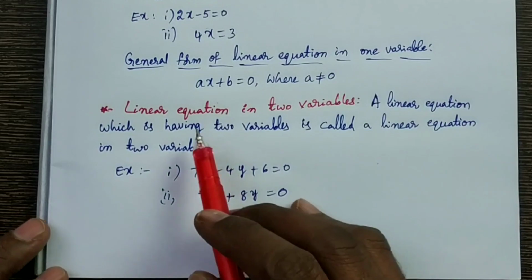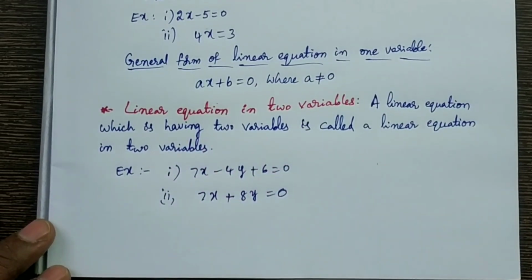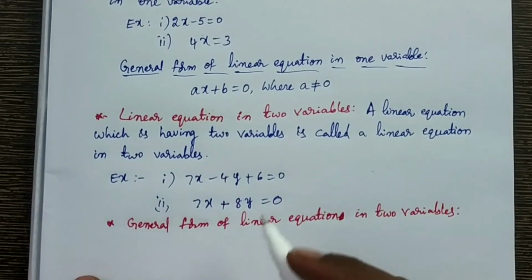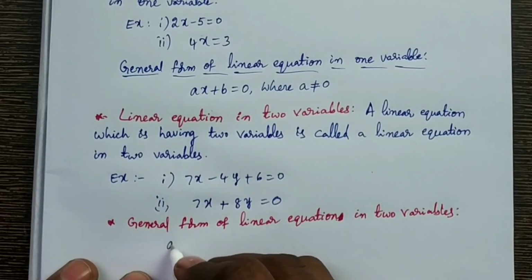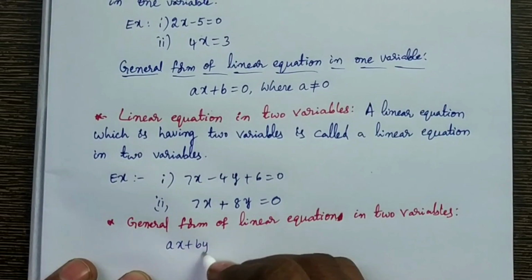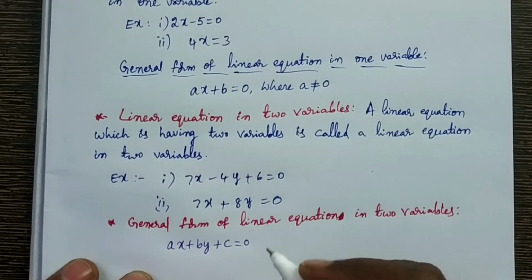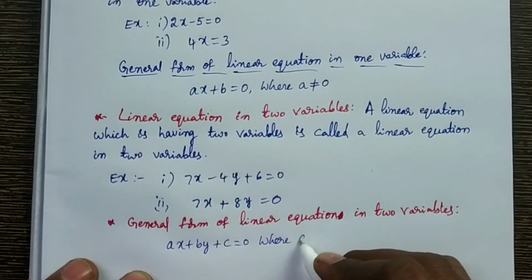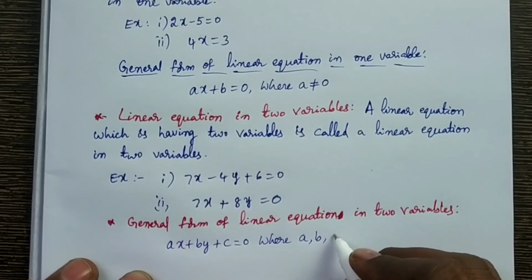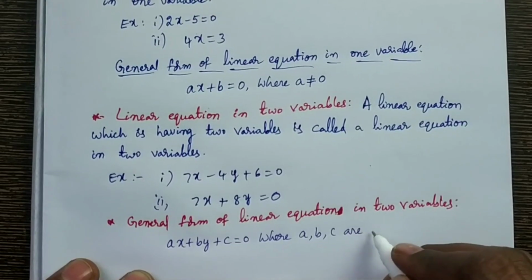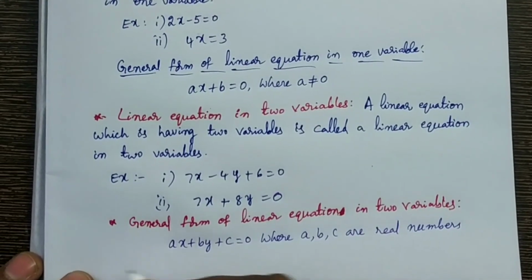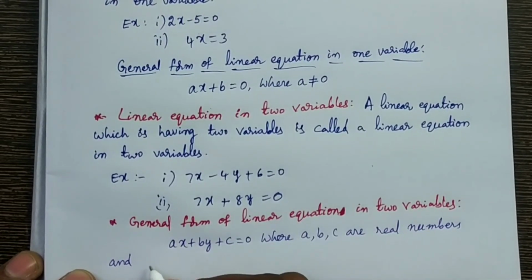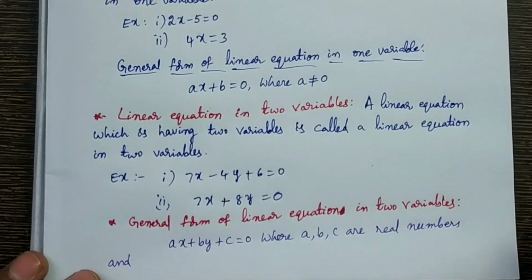Next, the general form of a linear equation in two variables. The general form of a linear equation in two variables is ax plus by plus c is equal to 0, where a, b, c are real numbers and a and b are not simultaneously equal to 0.